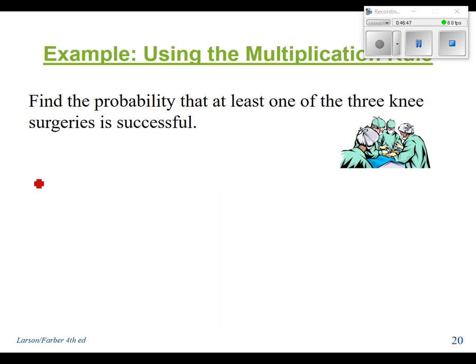Now is when we get into a little tougher stuff. Find the probability that at least one of the three surgeries is successful. So we want the probability at least one is a success. So then we just look at the probability of one of them.